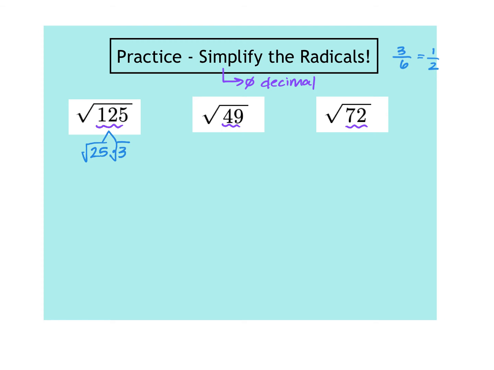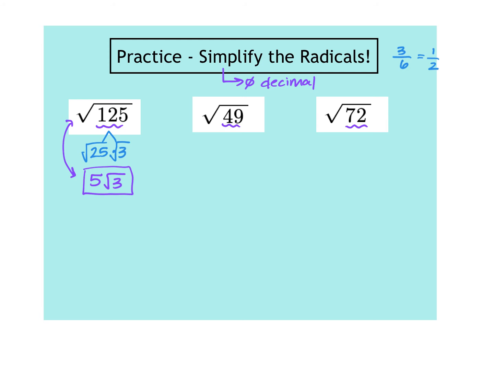The reason why I like that is the square root of 25 ends up being a nice value, since 25 again is a perfect square. 25, once I take the square root of it, turns into a 5, no more radical. Square root of 5 is not a perfect square, so that's going to stay underneath the radical. 5 square roots of 5 and square root of 125, those are the same number, same value, it's just that 5 square roots of 5 is more simplified.